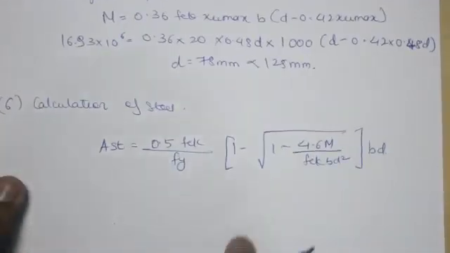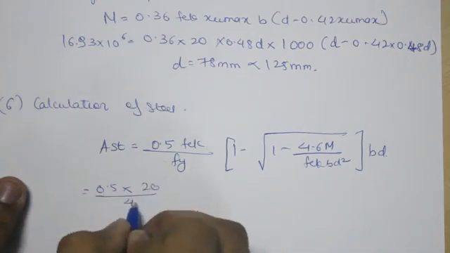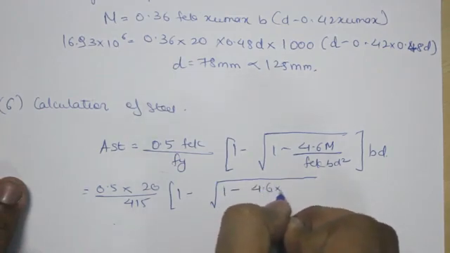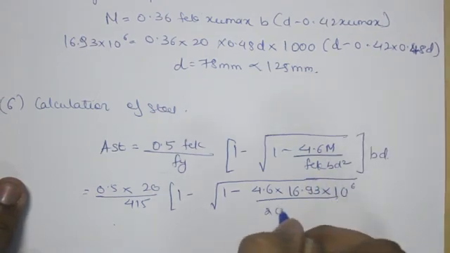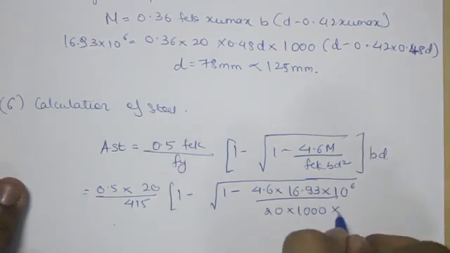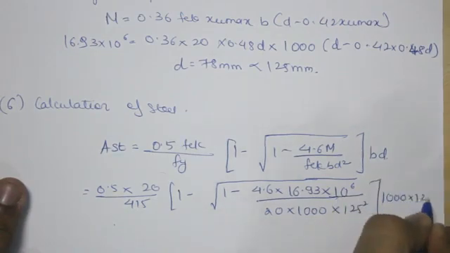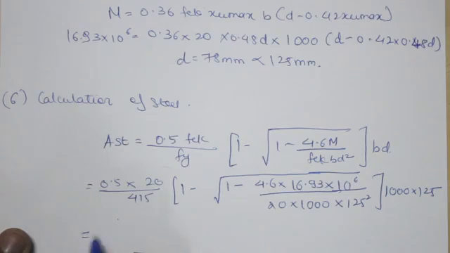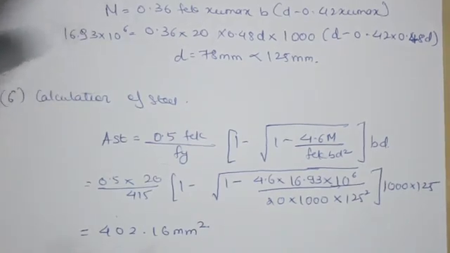And now I'll plug in all the values. 0.5 multiplied by 20 upon 415, 1 minus 4.6, 16.93 is the moment for unit width of the slab, and the effective depth is 125 mm square. 1000 multiplied by 125. So I get the value of Ast as 402.16 mm square. Once you get the area of steel, you can easily calculate the spacing for the individual reinforcements.